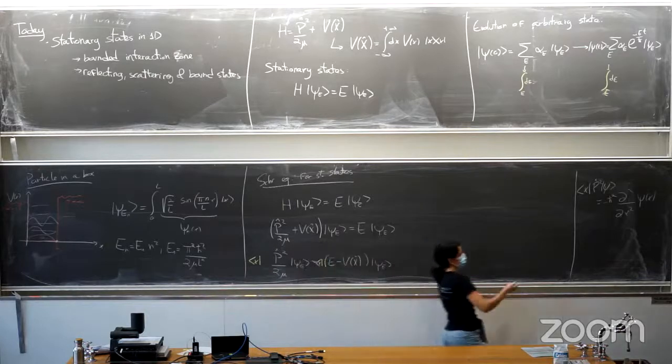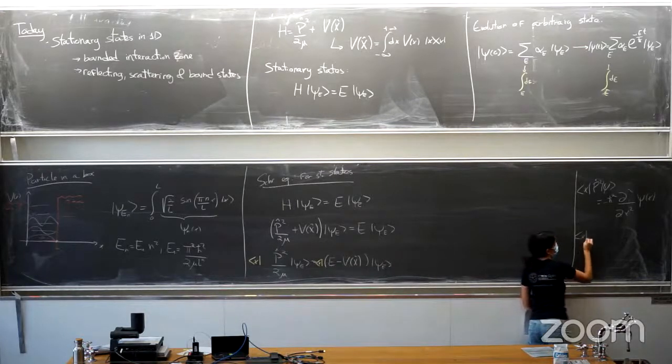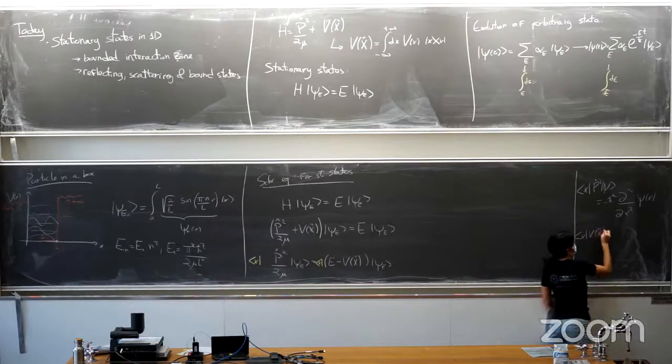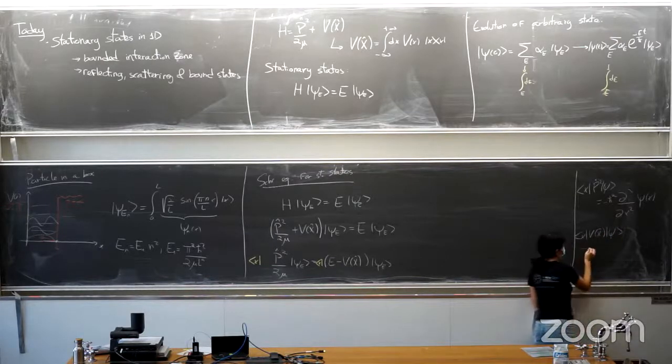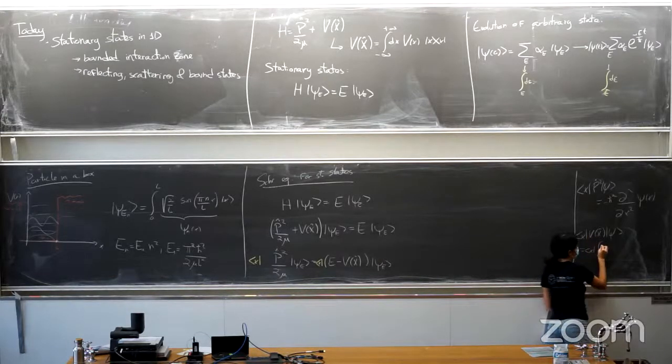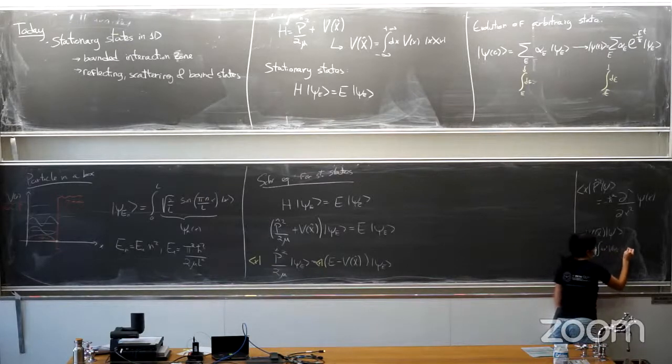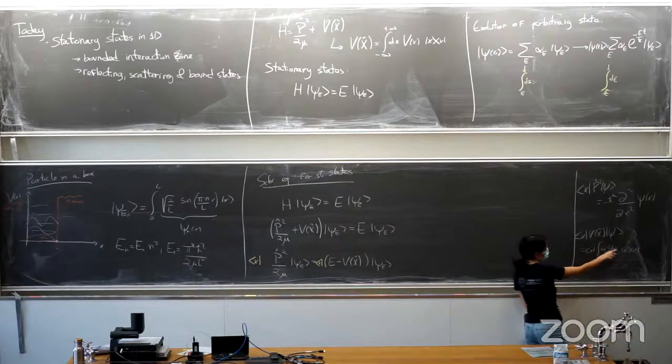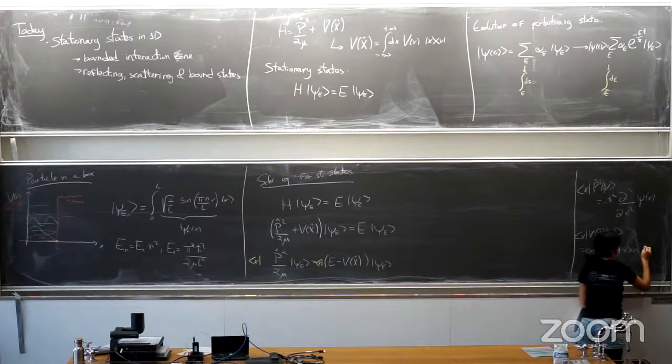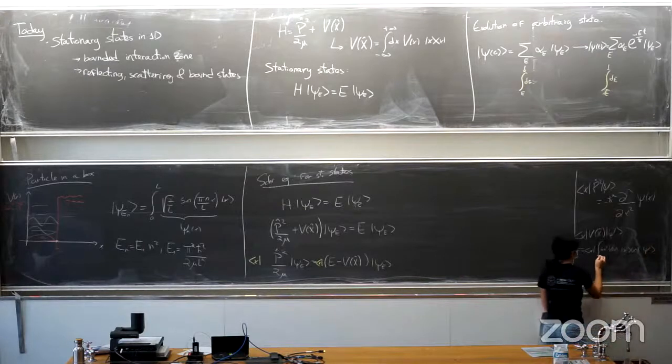So we have x, V of x, psi. Well, this is x, and now we just replace this with the integral. So this is the integral dx, x prime. Right, I just replaced this operator with what it is. And then we have psi here.